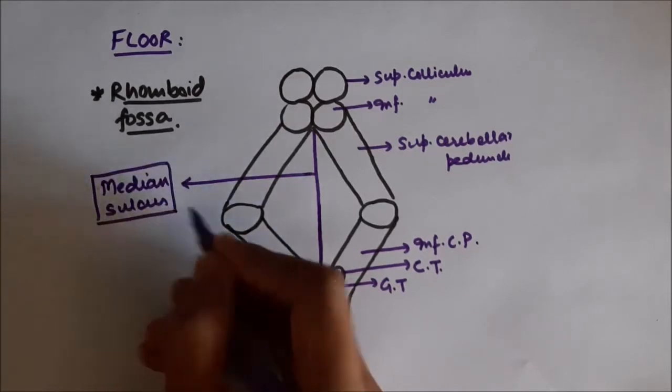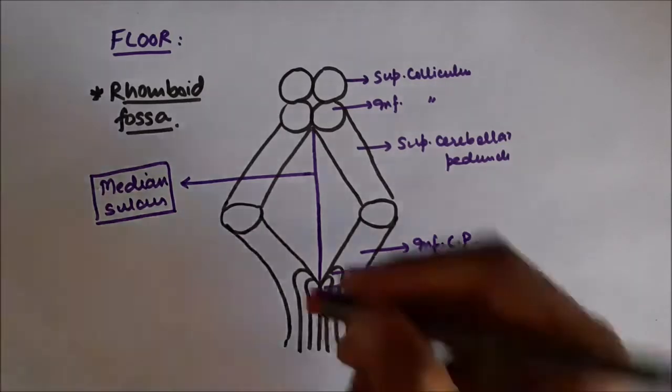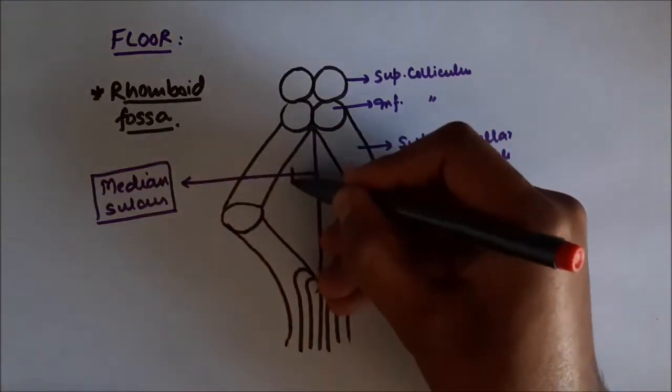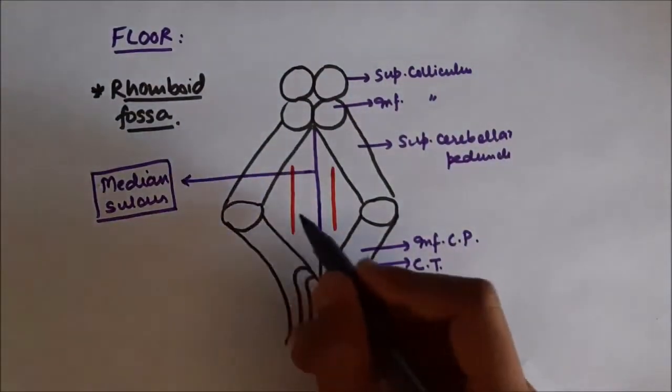So median sulcus divides floor into two parts. Now both these parts are further divided into two parts by another sulcus. So there are two sulci, one in each of these parts, which divides each of these parts into two different parts, one medial and other lateral.